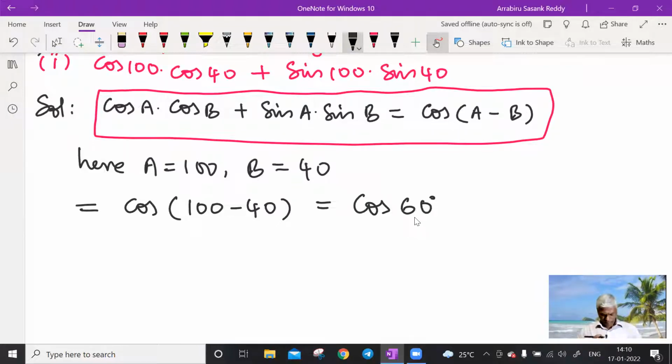Cos 60 is nothing but sin 30, that is 1 by 2. So this value is 1 by 2.